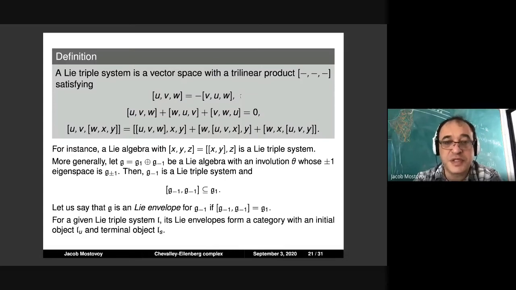Lie triple systems come from Lie algebras with involutions, and actually for each Lie triple system there are two special Lie algebras which contain it. One is the universal envelope of a Lie triple system, and the other one is the standard envelope. These envelopes form a category, and one of them is initial there, and one of them is terminal.